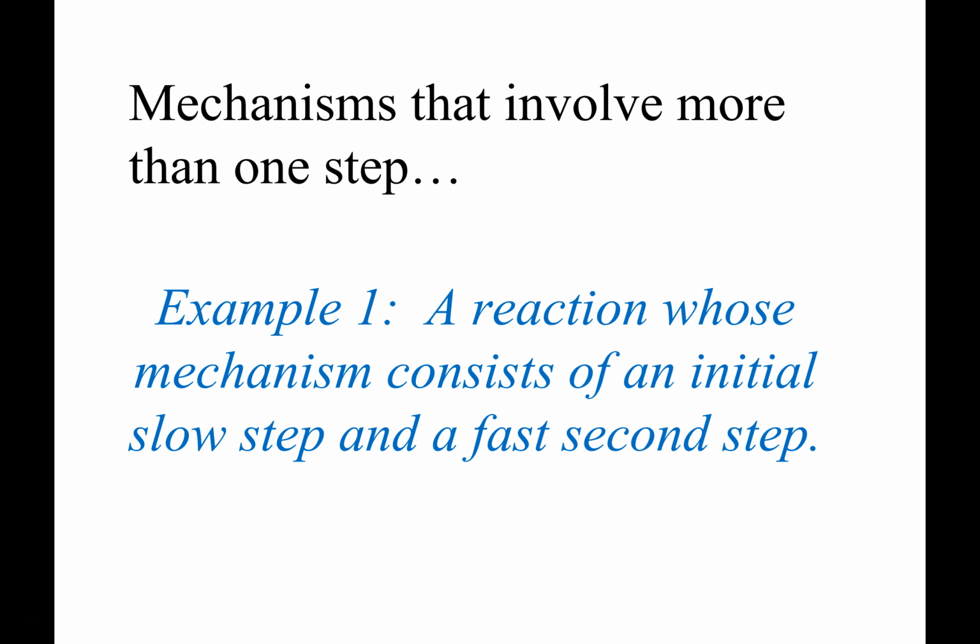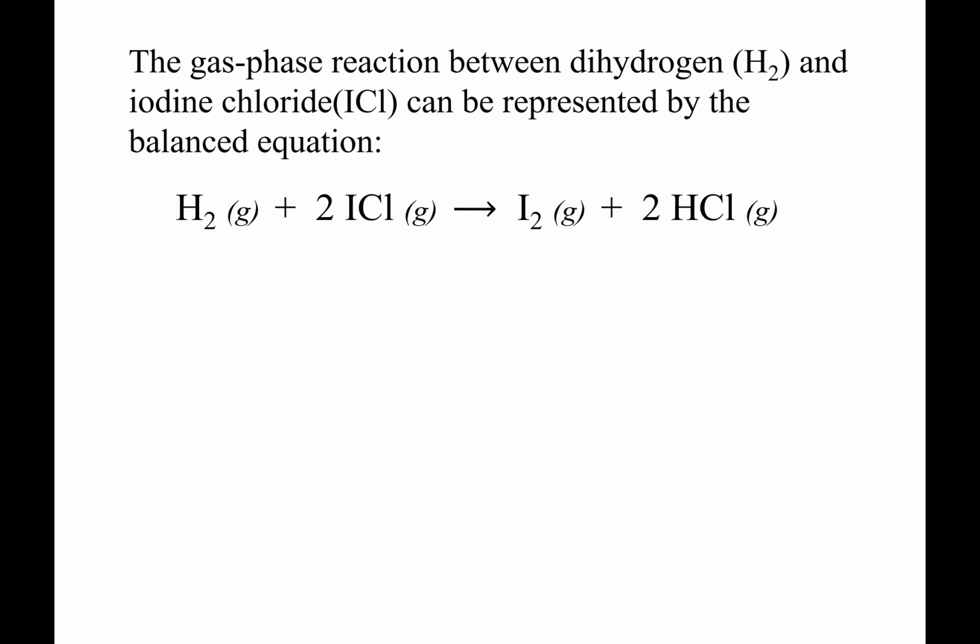Initial slow, fast second. You're going to see these two elementary steps add up to the overall reaction of interest. We need to focus on the slow one, because the rate law expression brought to the table by the slow one will govern what the overall rate law expression will look like.